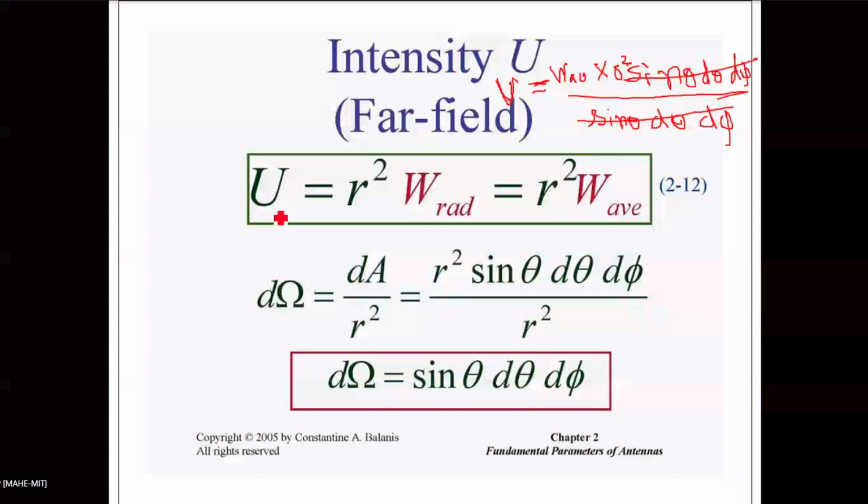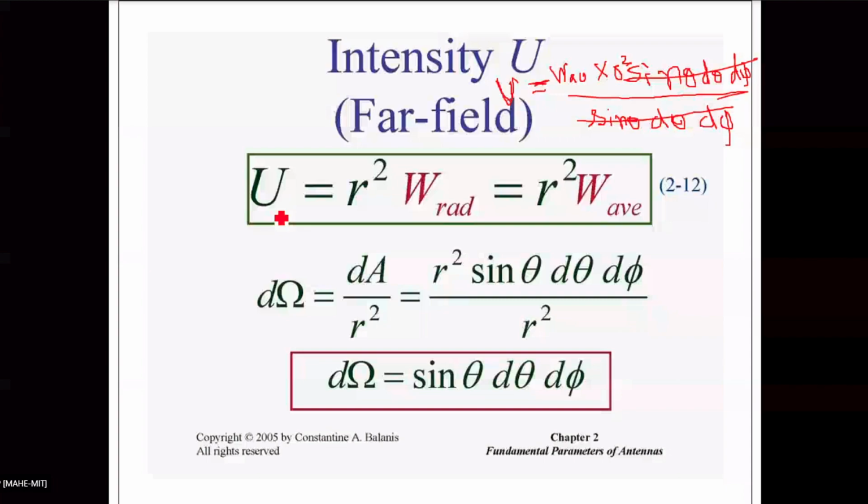Have you understood this? Radiation intensity is power radiated in a given direction per unit solid angle. So power radiated in a given direction, you multiply W average into the area in that direction. Area means elemental area, R square sin theta d phi, per unit solid angle. Sin theta d phi, these two cancel. W average into R square.